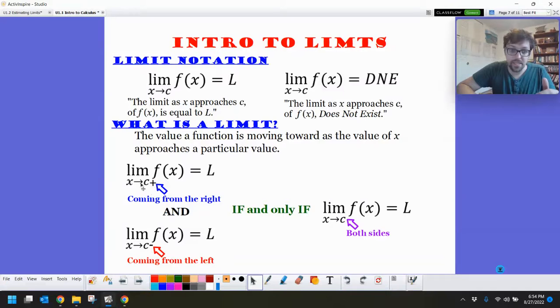What they mean is x approaching c from the right versus approaching c from the left. We see if the two directions the function is moving in come toward the same value. If they miss, then the limit doesn't exist. But if they meet, then we have a good limit.